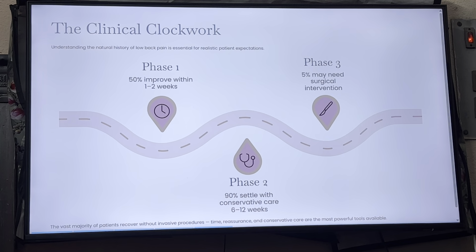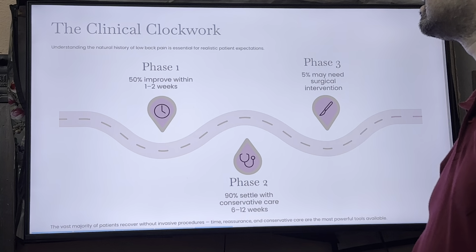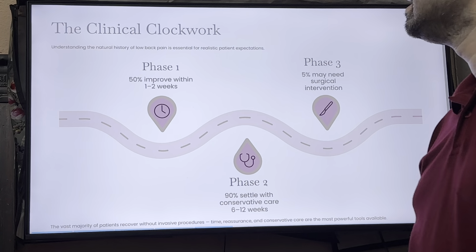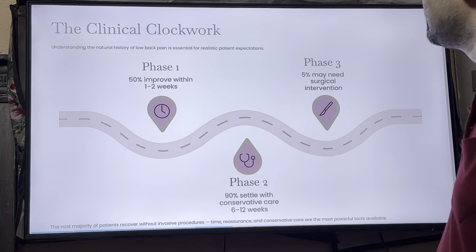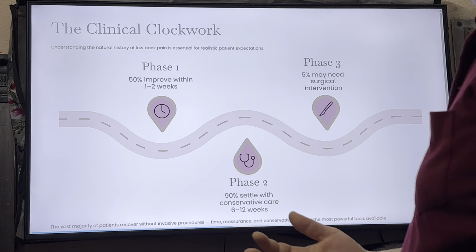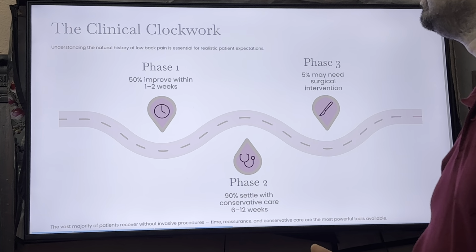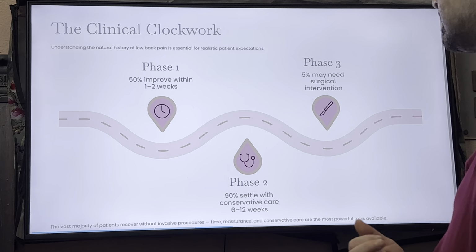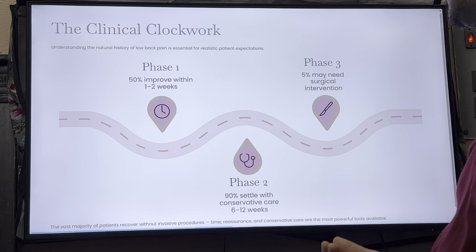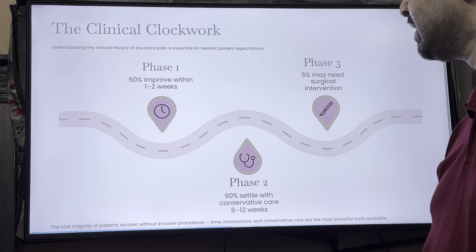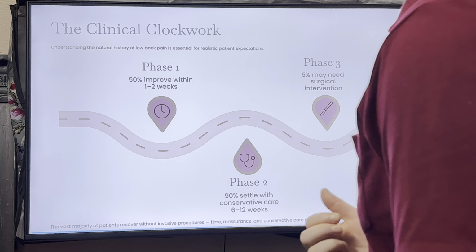The clinical clockwork: understanding the natural history of low back pain is essential for realistic patient expectations. Phase 1: 50% improve within 1 to 2 weeks. Phase 2: 90% settle with conservative care, 6 to 12 weeks of management.